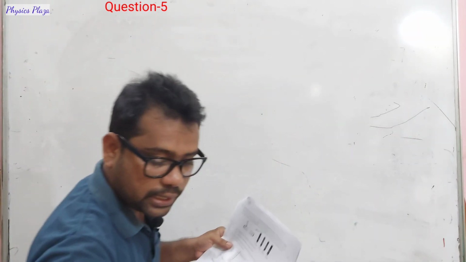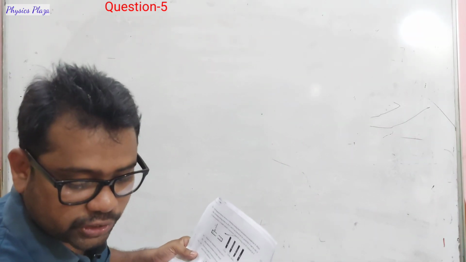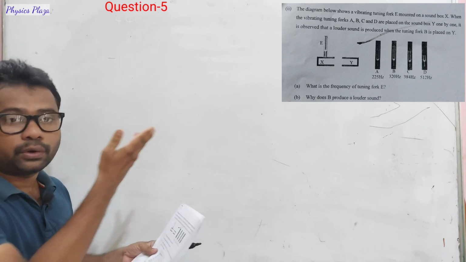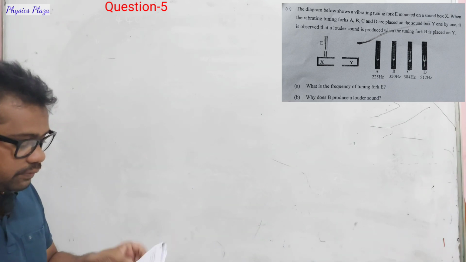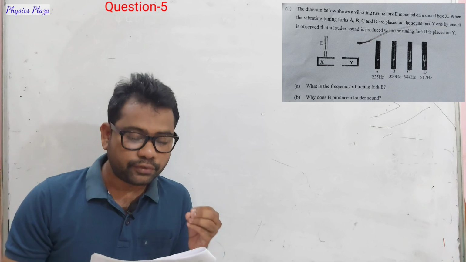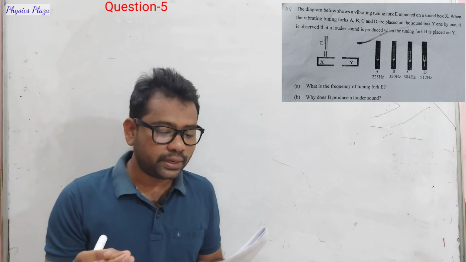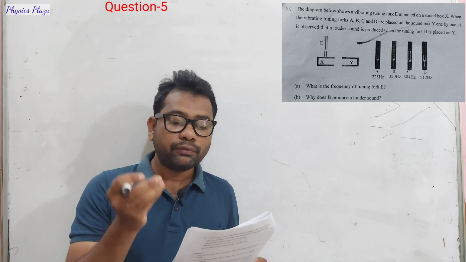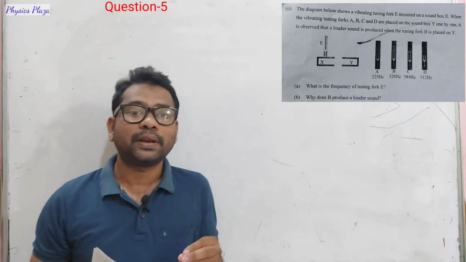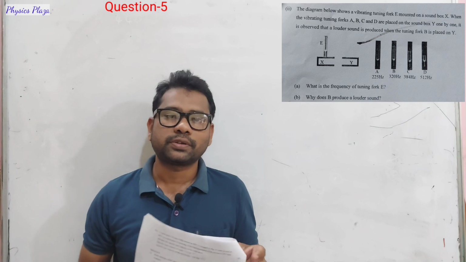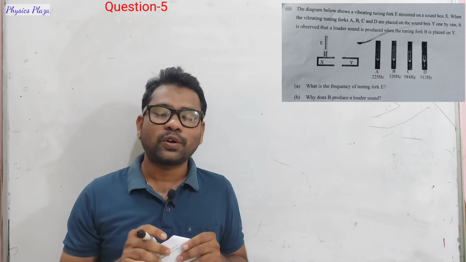Fine. Now we'll see the second part of the fifth question. So children, you can look at the diagram on the screen also. The first question is, what is the frequency of tuning fork E? Children, in the question only a clue is given. What is that clue here? When tuning fork B alone is placed, a louder sound is produced. Louder sound is produced means what here?